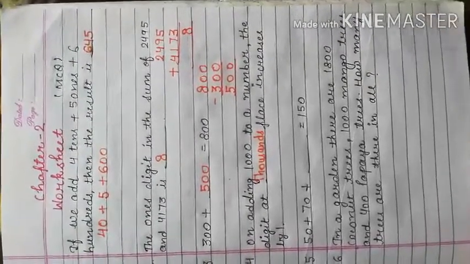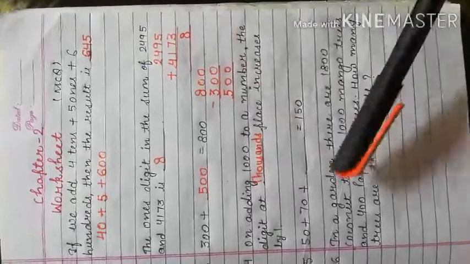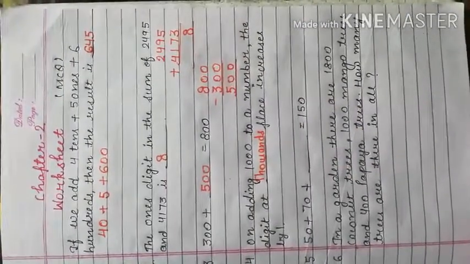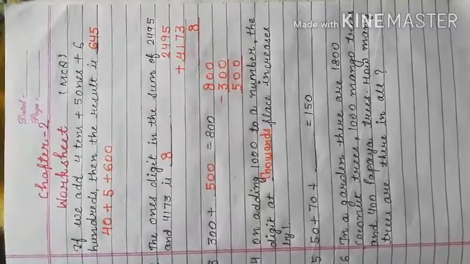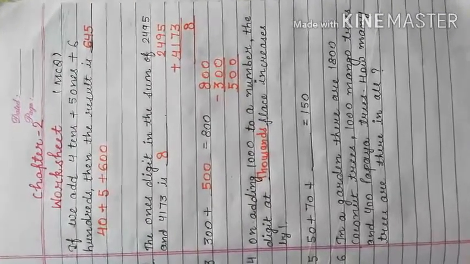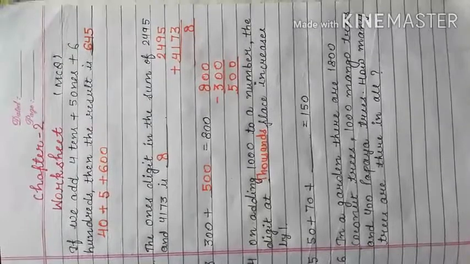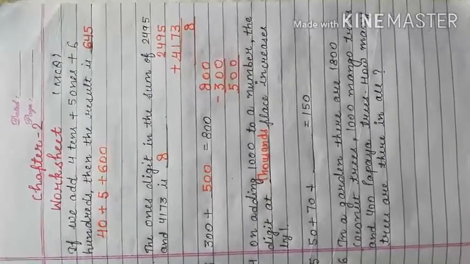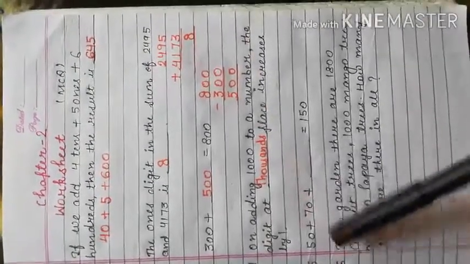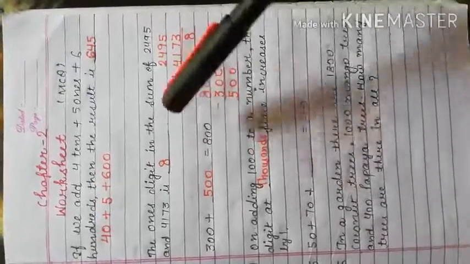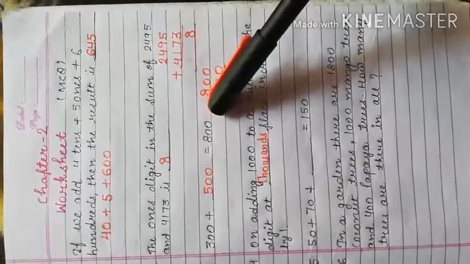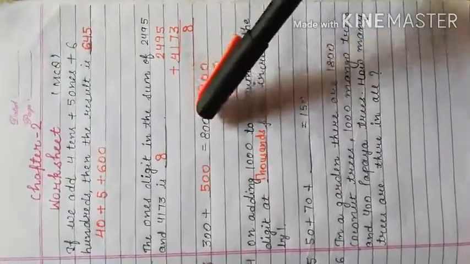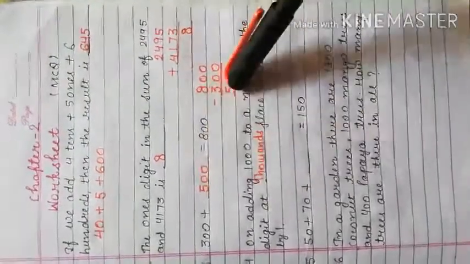So let us move towards the next question, that is question number 5, and it is 50 plus 70 plus dash is equal to 150. In this case, we will just add the addends that are given. This question is just the same as the previous question. In that question, we just subtracted the addend that is given.